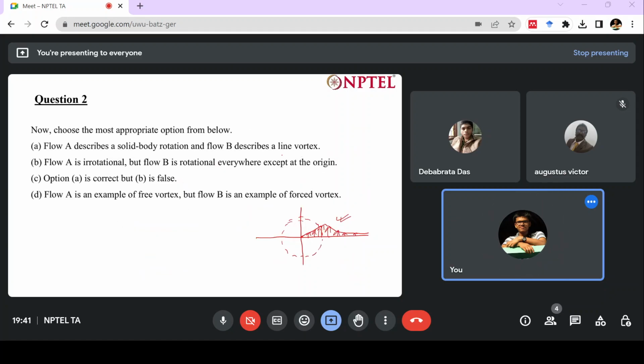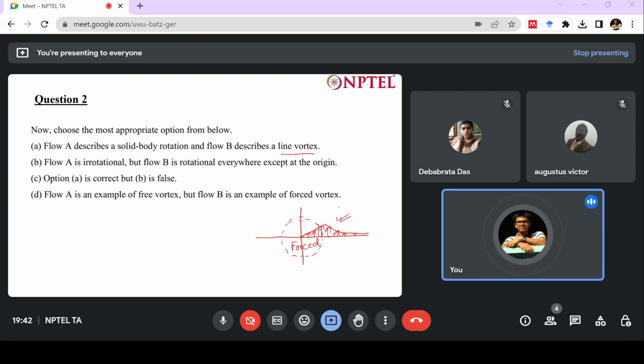If this cylinder is extended, not a line, then this is like a forced vortex. It means inside is a forced vortex, outside is a free vortex. Inside it is forced, as if there is some outside force moving this fluid.